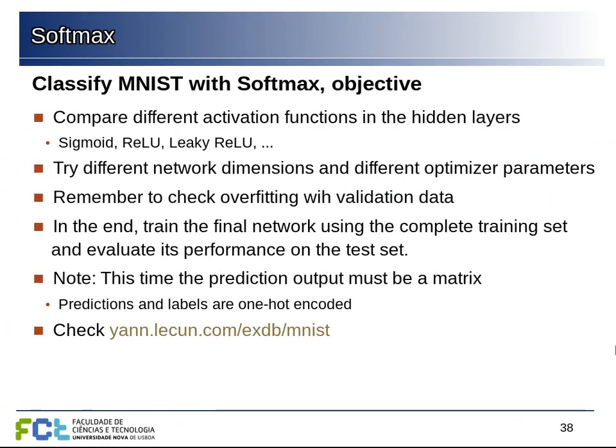Note that the output of your network will be a vector for each example. So if you put a batch of examples, it's going to be a matrix with 10 columns, each row for each example, and what the columns represent are the probabilities of belonging to each of the 10 classes.